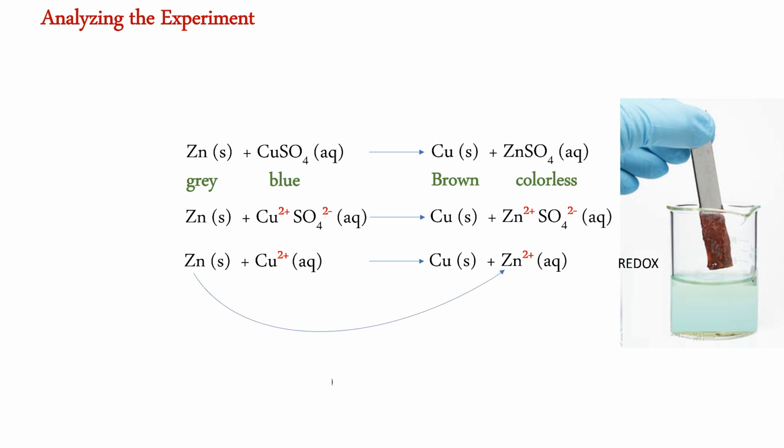Look, zinc metal to zinc ion. This certainly has been by losing electrons. Here you see zinc losing 2 electrons to form zinc ion, and these 2 electrons are gained by copper 2 ions to form copper metal.